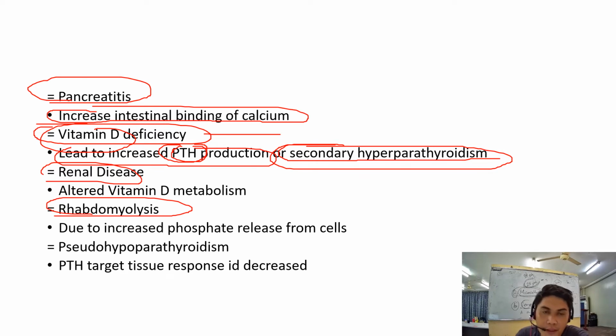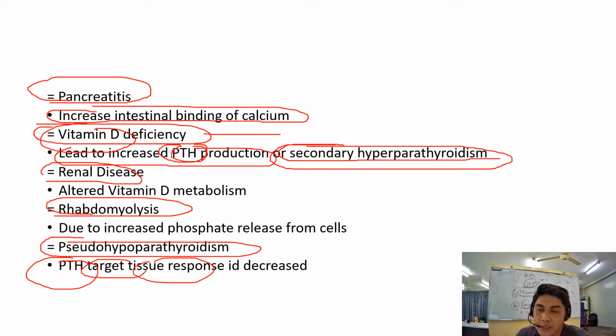Okay, next, pseudo-hypoparathyroidism. So for pseudo-hypoparathyroidism, there is enough PTH produced by the body, but the target tissue is not that responsive to PTH, meaning it's resistant to PTH. So PTH target tissue response is decreased.